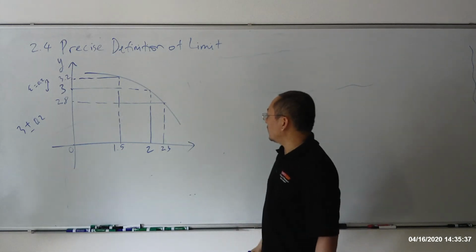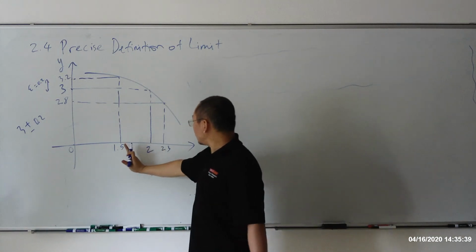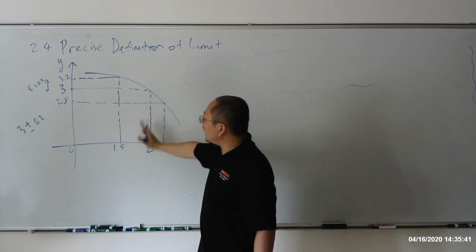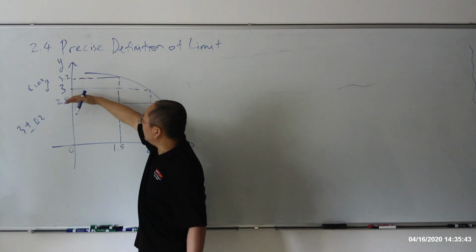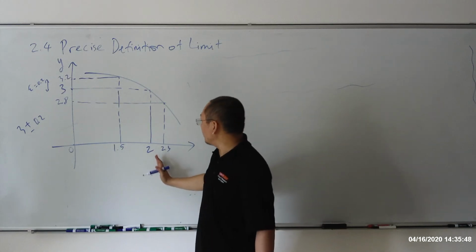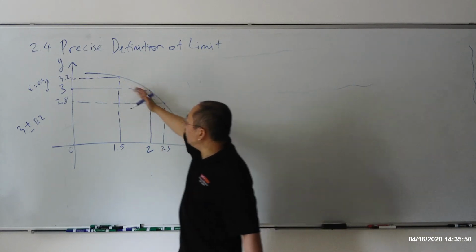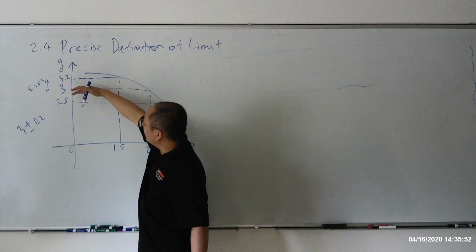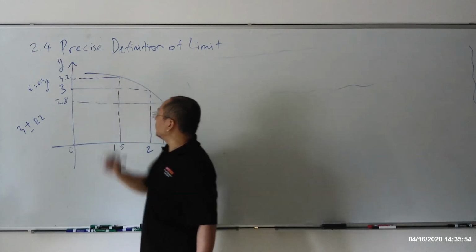Question is, what value of x can you plug in to guarantee that f of x is somewhere between 2.8 to 3.2?